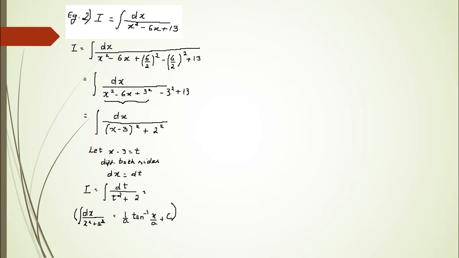I'm going to use this formula here. So I will get I is equal to 1 by a is equal to 2, so 1 by 2 tan inverse, okay, t by a, so it will become t by 2 plus c, right?